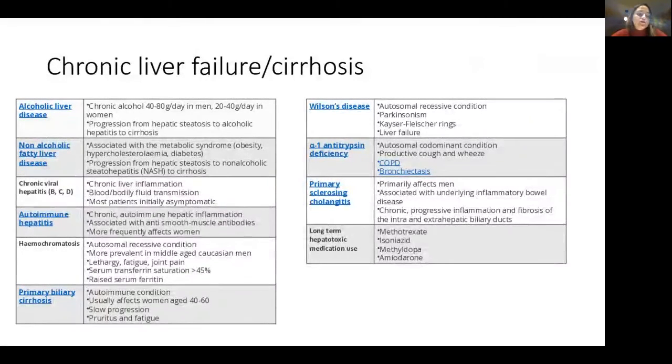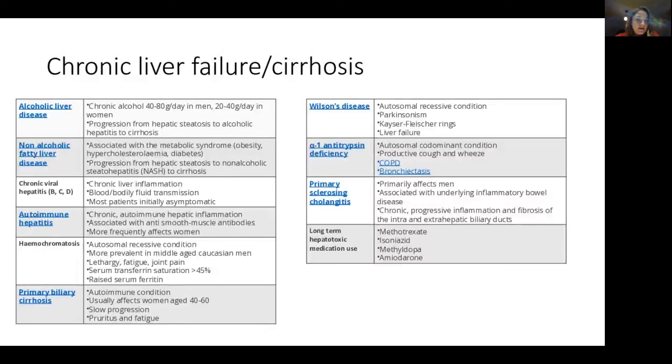So this is a slide on common causes of, well, not necessarily common, but causes of liver failure or cirrhosis, which you have to know about. We've mentioned most of these before. You have to know the associated factors that you need to know about for your exam.